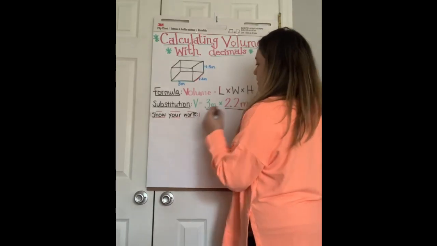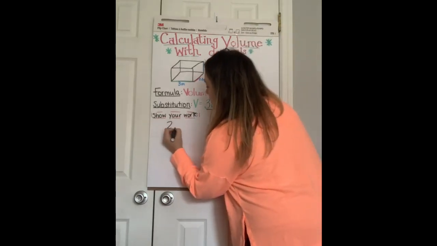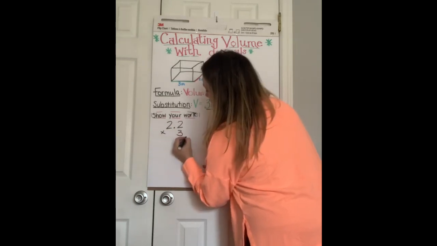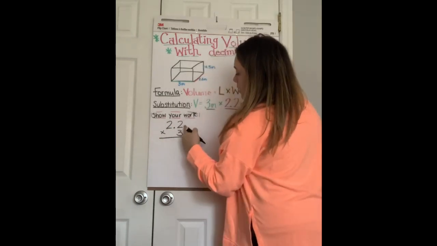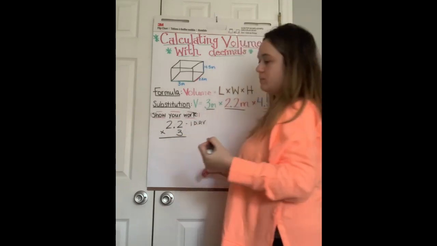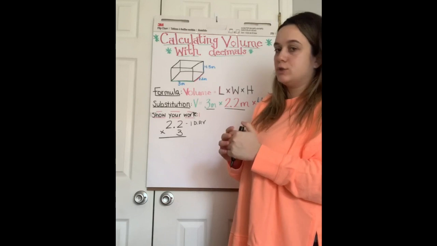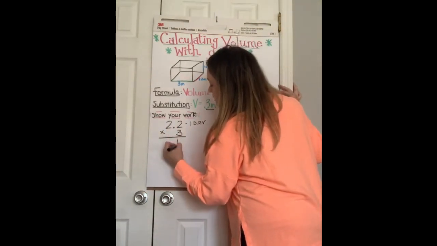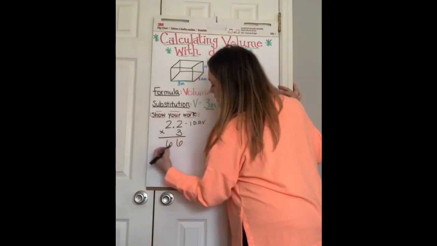So now what I'm going to do really quickly is multiply my length times my width. Under show your work, I'm going to do 2 and 2/10 times 3. We have 1 decimal place value. I'm going to note that there so that we don't forget to move the decimal in the end. 2 times 3 is 6, 2 times 3 is 6.